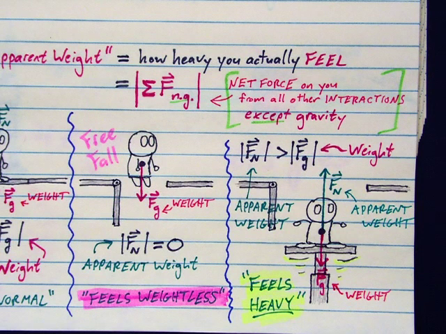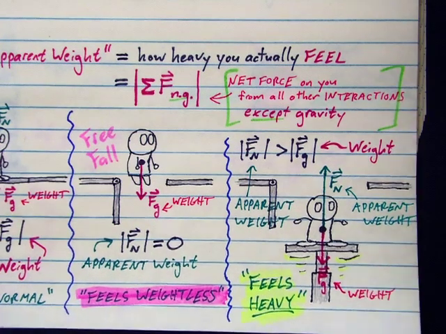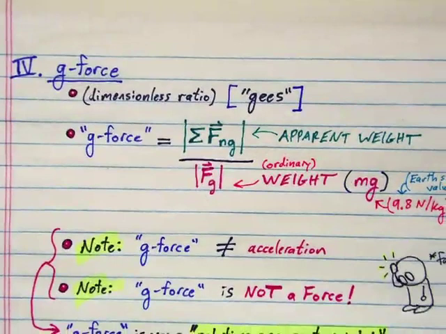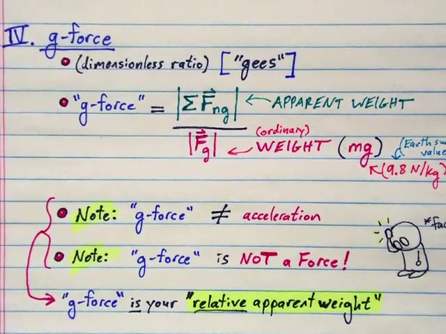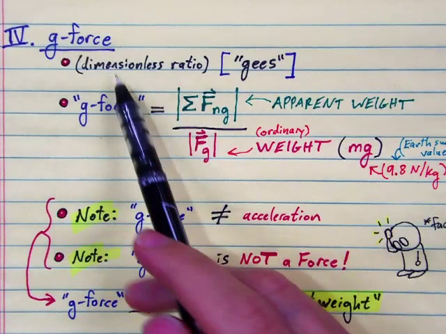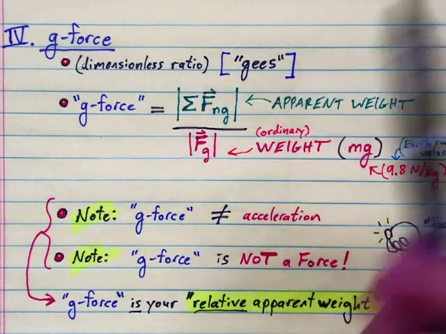Apparent weight is often expressed as g-force. That brings us to number 4, g-force. G-force is a dimensionless ratio, so it doesn't have a unit. We just measure it in G's.